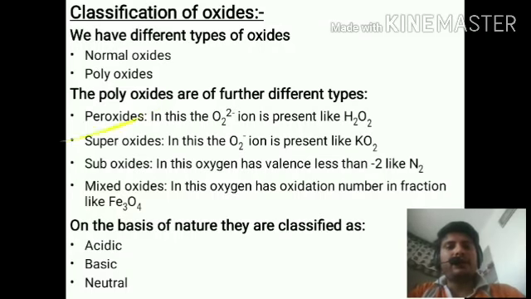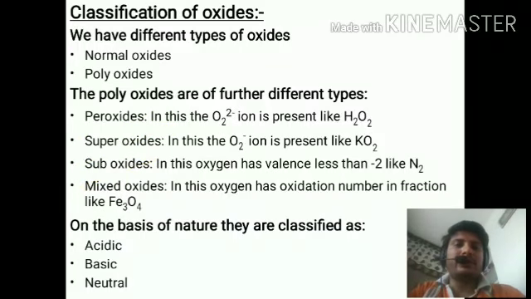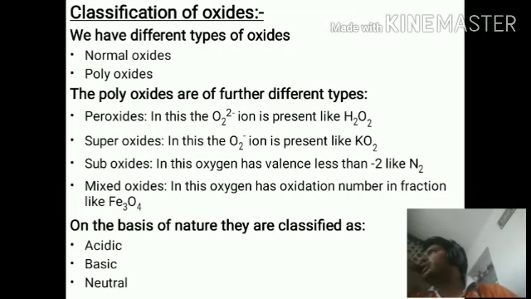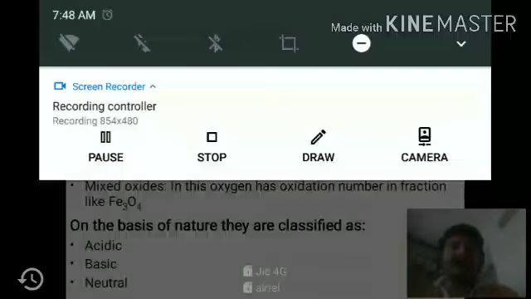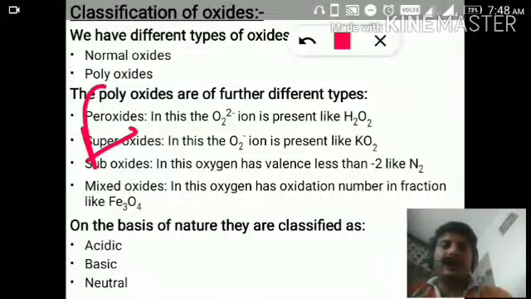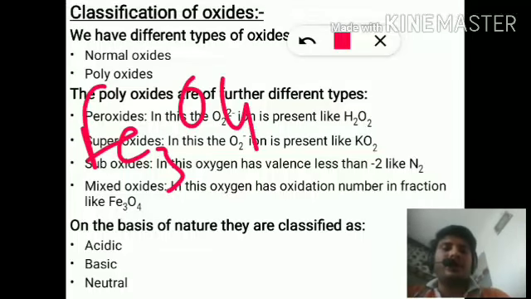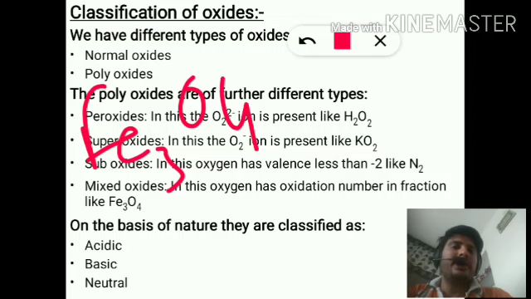Now, suboxide: in this, oxygen has a valency less than -2, like C3O2. Mixed oxide: in this, the metal has an oxidation number in fractions, like Fe3O4. To determine the oxidation number in Fe3O4: the oxidation number of Fe is +2, but there are 3 Fe, so it is +6.